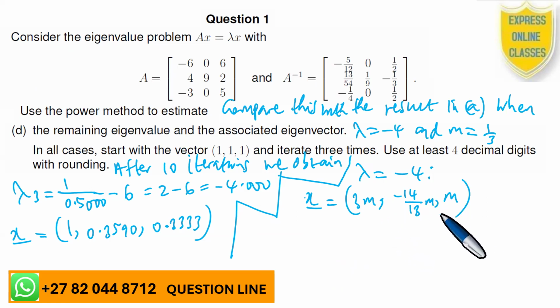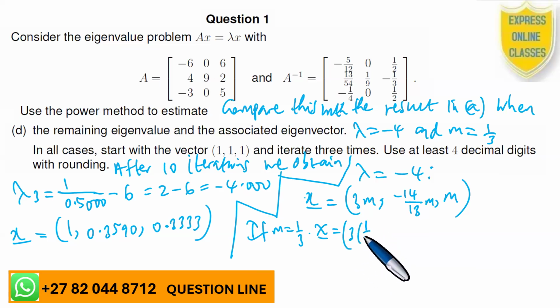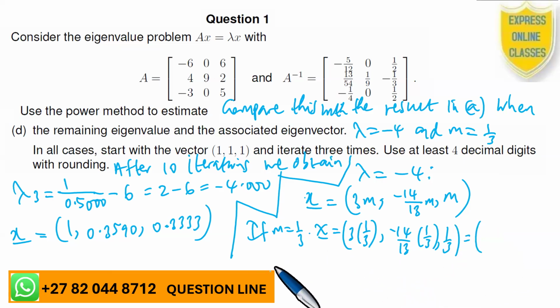Okay, this was the case. But now if we then say our m is 1/3, it means therefore the x bar is going to be 3, then 1/3 here. Wherever m appears in this vector, we're going to put 1/3 and then 1/3.